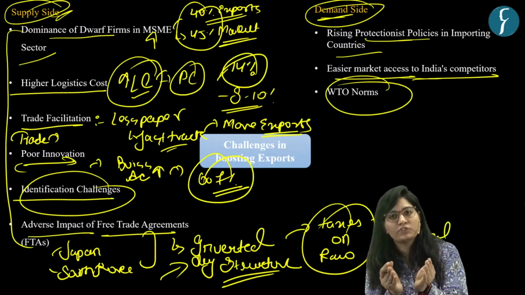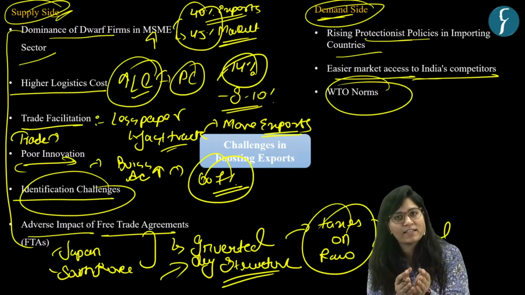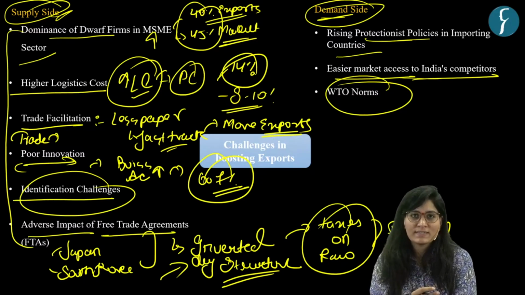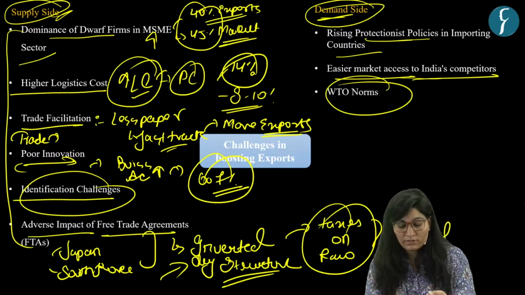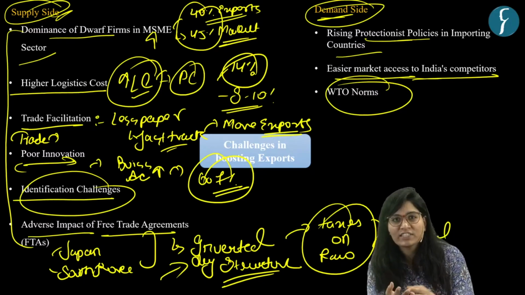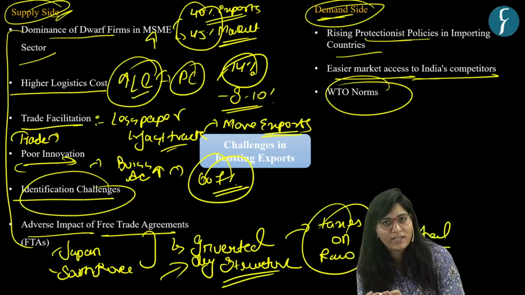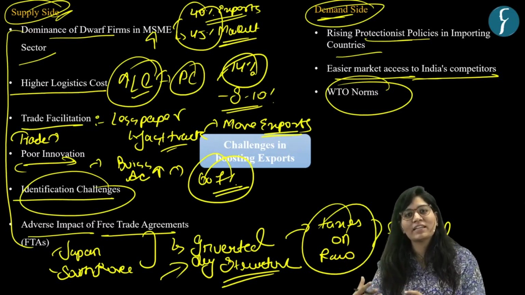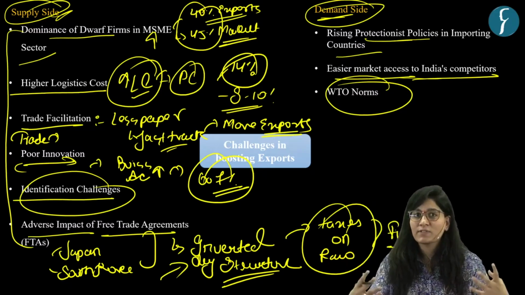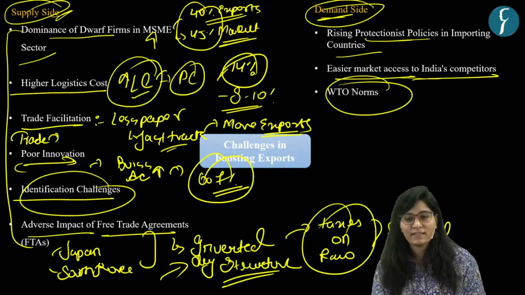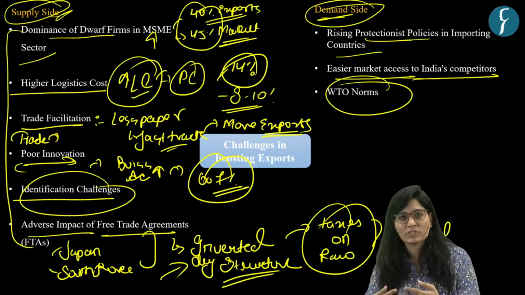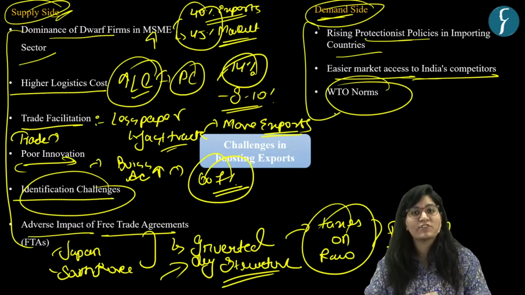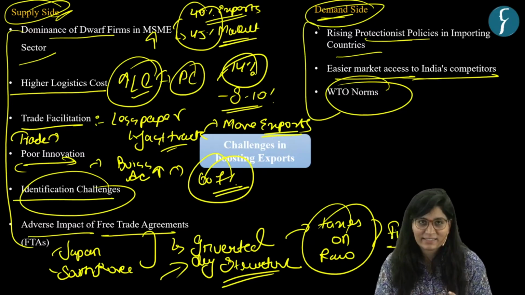A lot of containers of basmati and non-basmati rice were rejected by the US under the garb of low hygiene issues. Okay, there are no set norms. So, because of this indiscriminate use of sanitary and phytosanitary norms, there's a decline in India's exports. Okay, so these are the important constraints with respect to demand side.